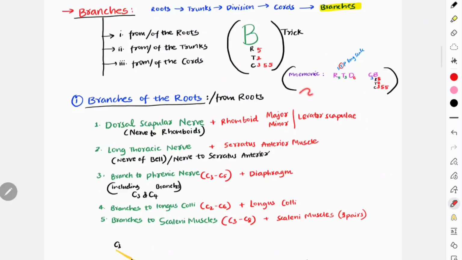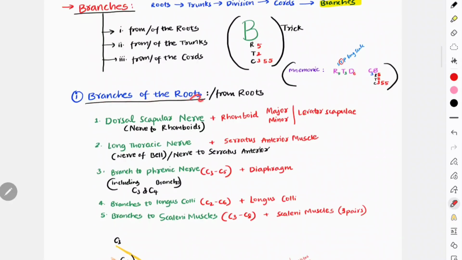They have written here the branches from the roots. They are the dorsal scapular nerve, long thoracic nerve, branch to phrenic nerve, branch to longus colli, and branch to scalene muscles. See, 5 are 5. This applies to rhomboid major, minor, and levator scapulae.